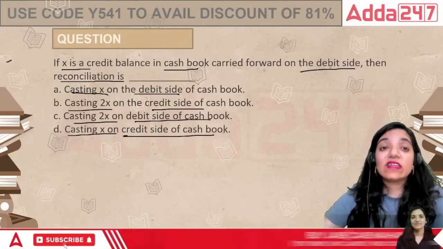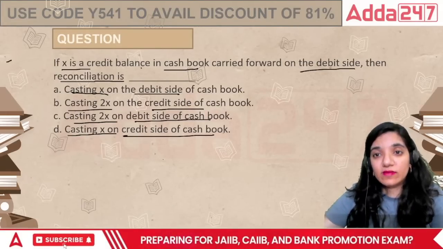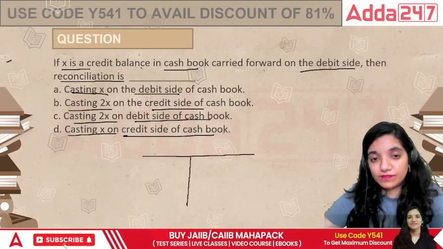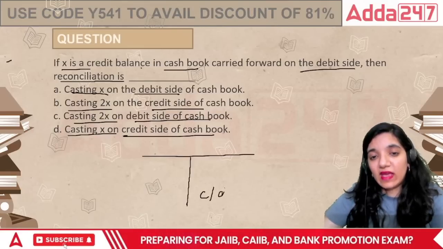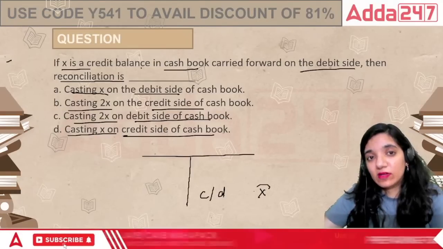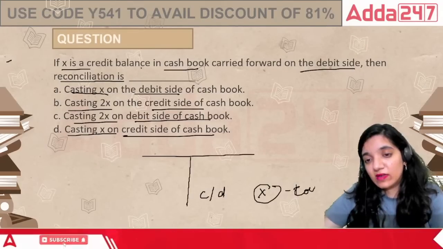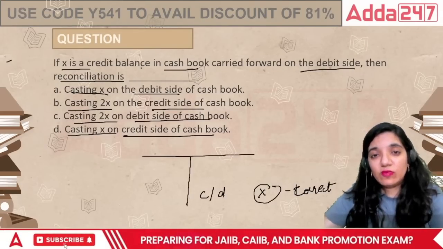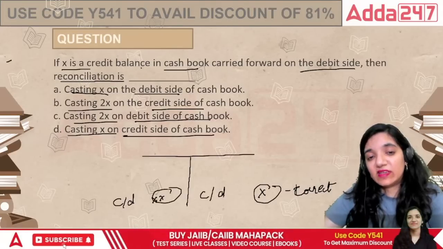If X is a credit balance in the cash book carried forward on the debit side. Okay, so this was basically a carried down on the credit side. Actually, this is correct. And what they did was, it has been carried down on the debit side, right?